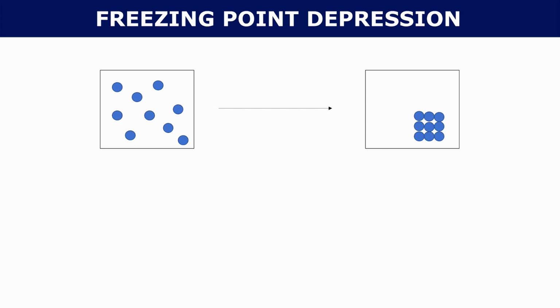Whenever a solution freezes, the solution particles are getting closer together. At the start, in their liquid form, they start off really far apart, and then in their solid form, they're really close together.